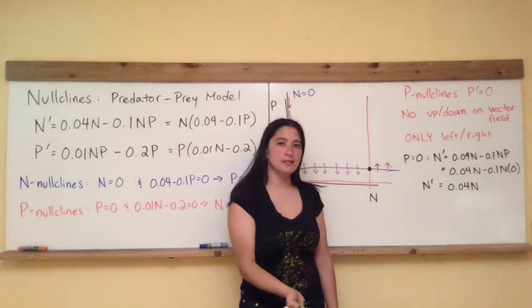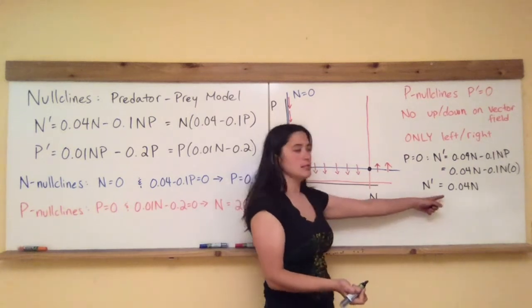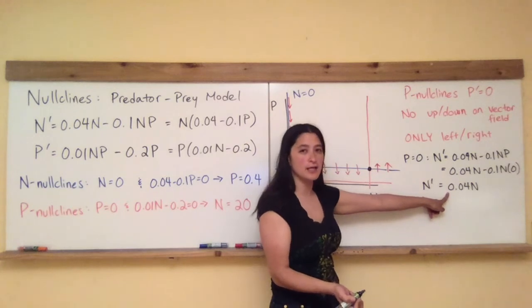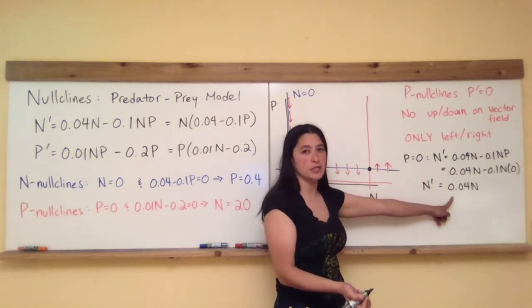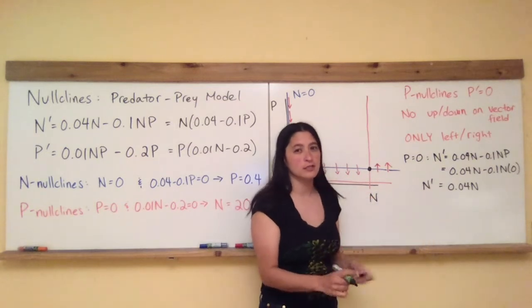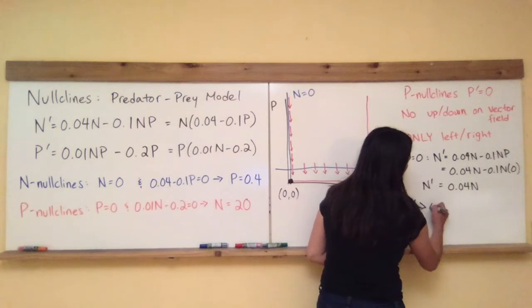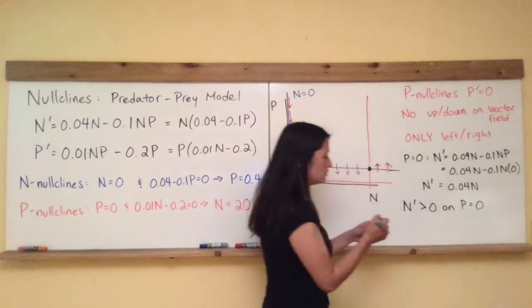Kind of like with the easier one that I started with on the last set of nullclines, when I acknowledge the fact that n is always going to be a non-negative number, then I know that this is always going to come out positive, or 0 at the equilibrium point. So my conclusion is that n prime is greater than 0 on the p equals 0 nullcline.